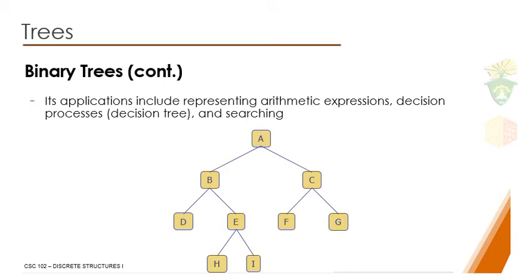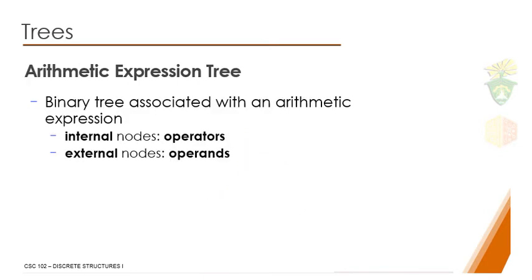Okay, let's proceed to the arithmetic expression tree. You are familiar with it, no? Okay, so an example of a binary tree is actually an arithmetic expression tree. It is just a binary tree associated with an arithmetic expression.